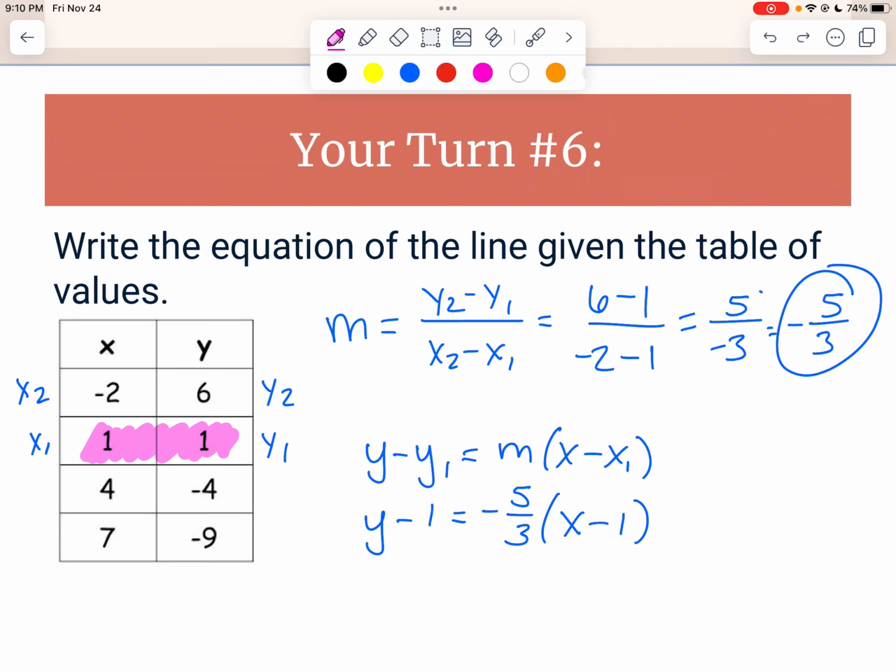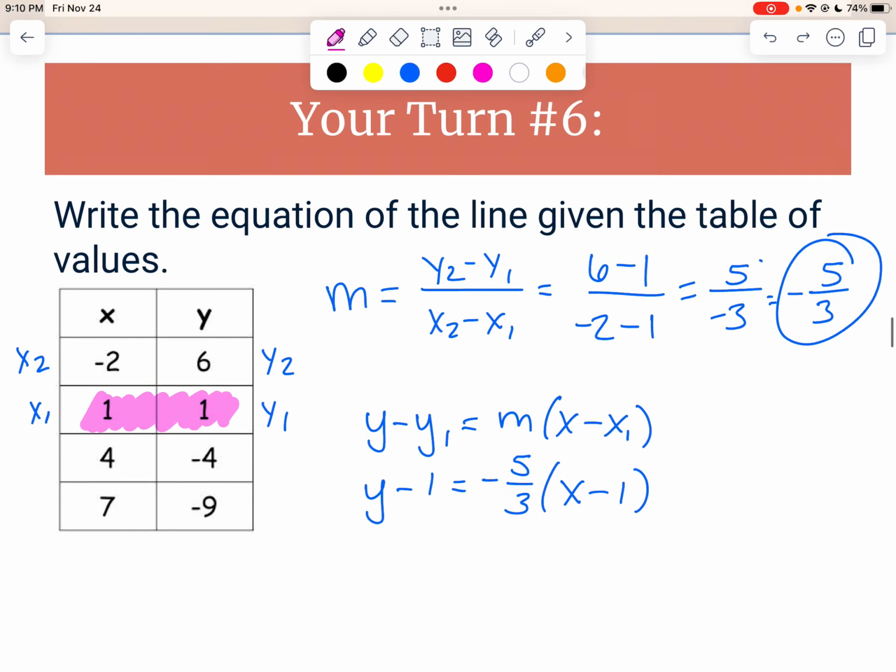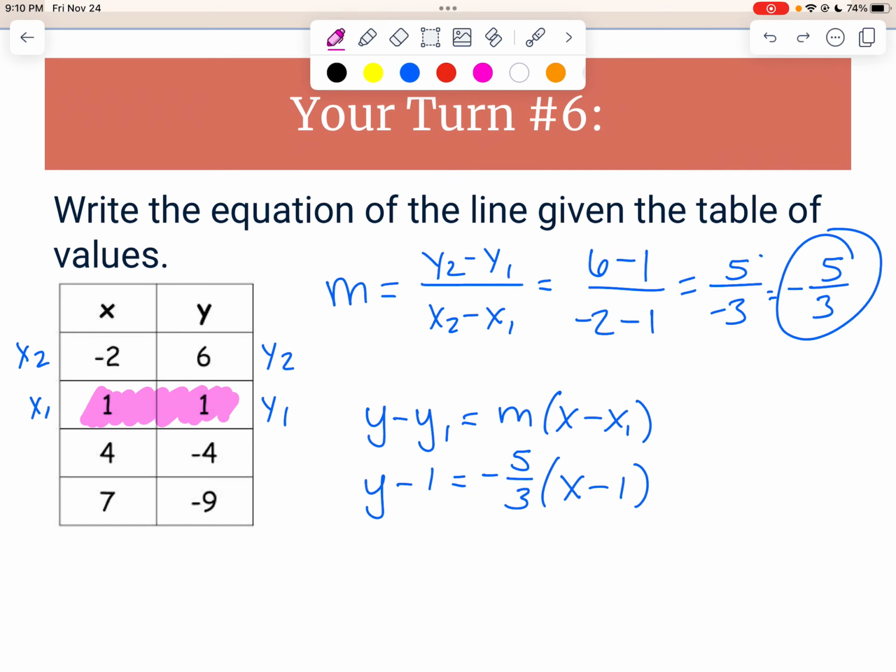Now, if you chose a different point, it doesn't matter because they're really equivalent equations. If I take this a little bit further, I know it just says write the equation, but I'm going to put it in slope-intercept form. All I have to do is 2 steps. Distribute the slope: y minus 1 equals -5/3 x, and a negative times a negative is a positive 5/3.